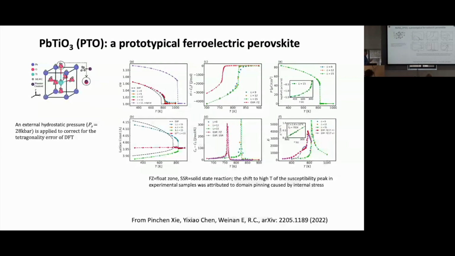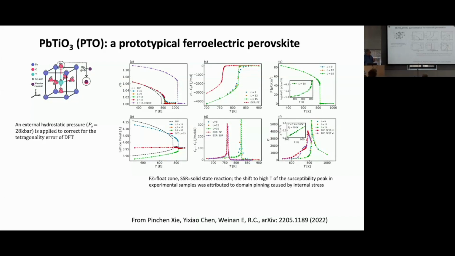Let me start with PTO. PTO is a prototypical ferroelectric perovskite. This is a perovskite unit cell, in which the Wannier centers are also represented. And basically, we can study, for instance, how the ratio in this PTO, there is just one single ferroelectric phase transition at a critical temperature of about 760 Kelvin in experiment.